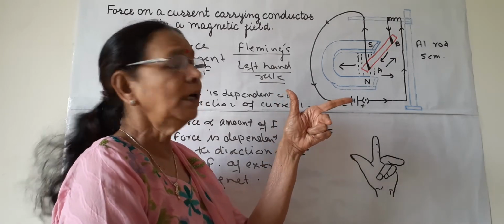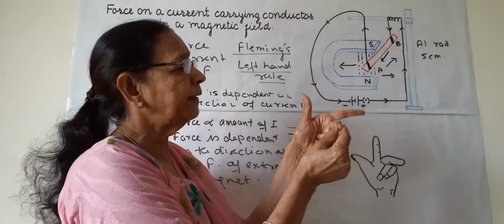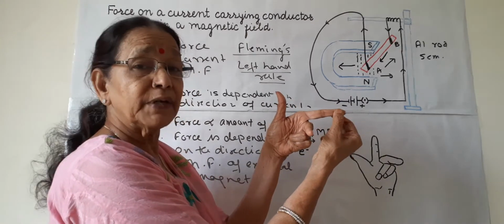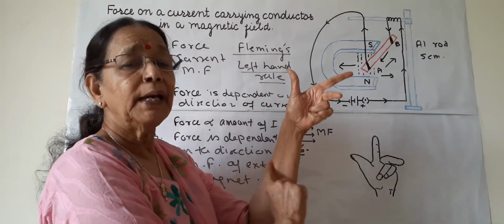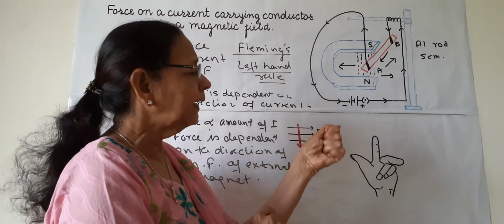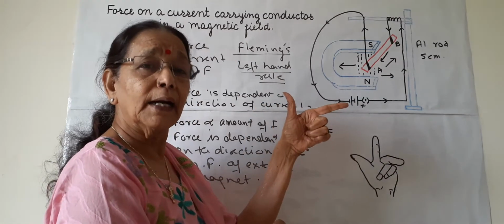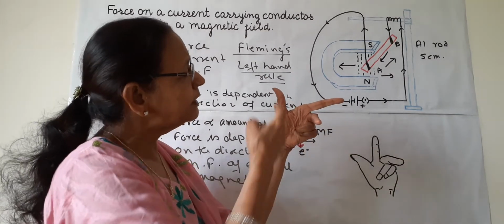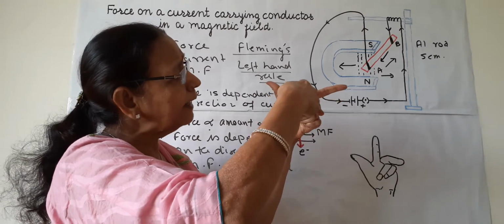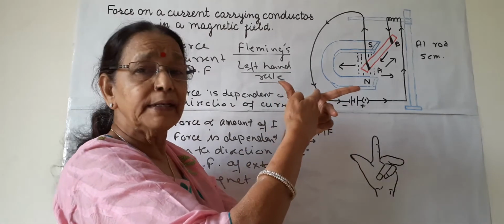Then open the middle finger, or the center finger. So this is the forefinger, this is the center finger, and this is the thumb, and this is the left hand. Again make a gun, then open this finger. So what we are seeing, this and this are at right angle. This is a 90-degree angle.